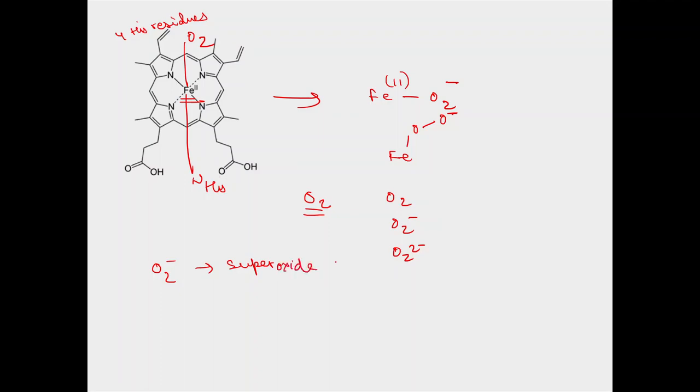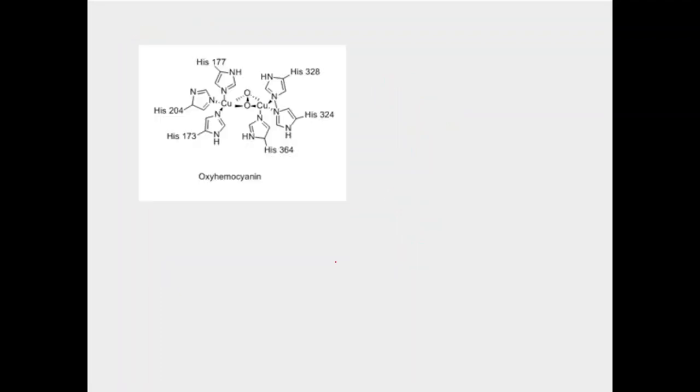And for the next case, that is oxyhemocyanin. First, what is the structure of hemocyanin where oxygen is not coordinated? There are 2 copper(I) centers, and each of them is coordinated to 3 histidine residues.